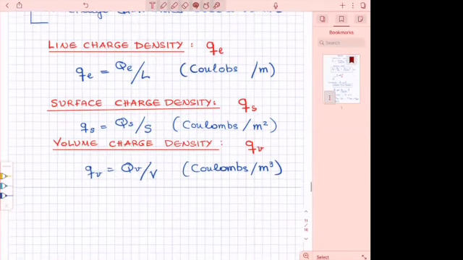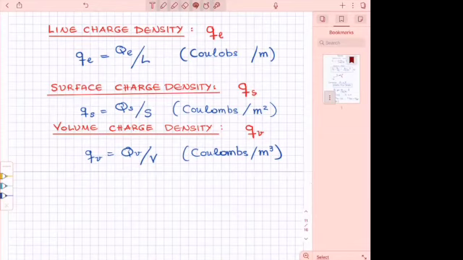Now, when we have charges distributed, we are introducing what we call the charge density. For the point charge, there's no point in introducing a density, since it is all at one point. But when we go to a line charge, we have to introduce the line charge density.